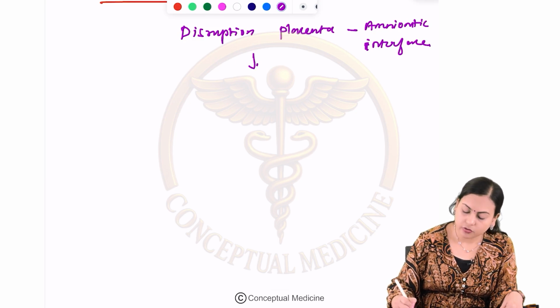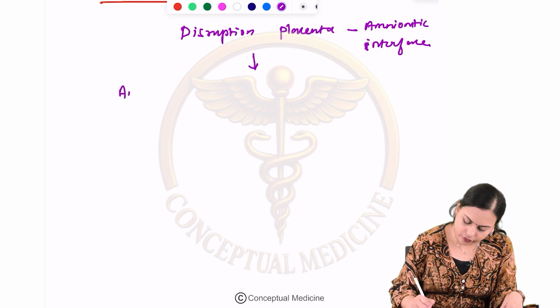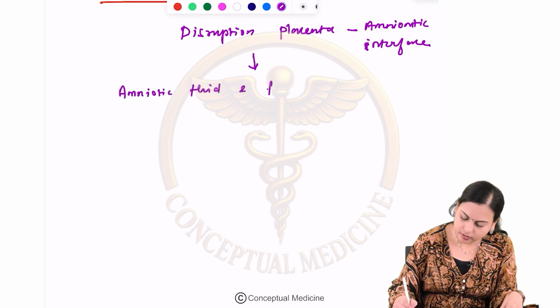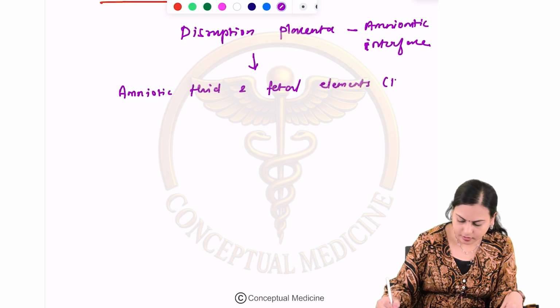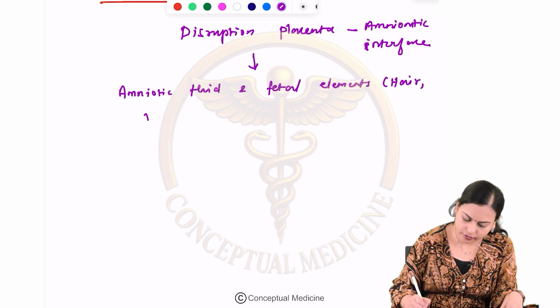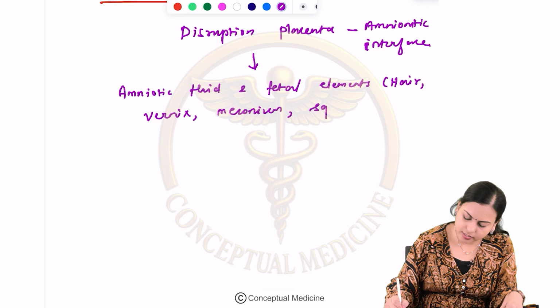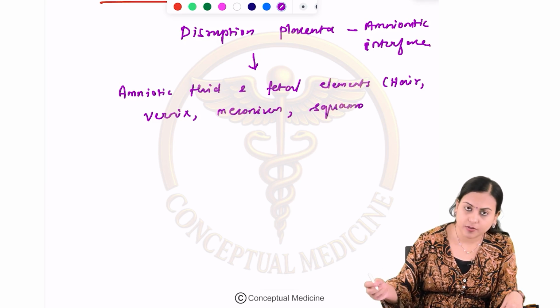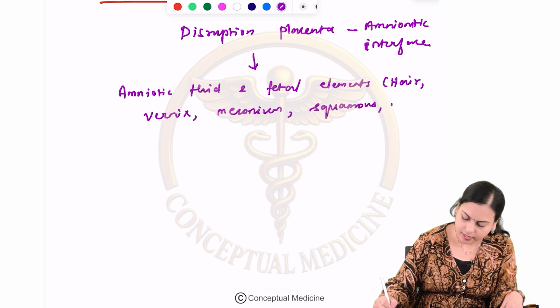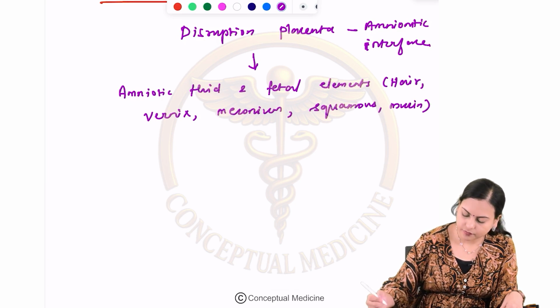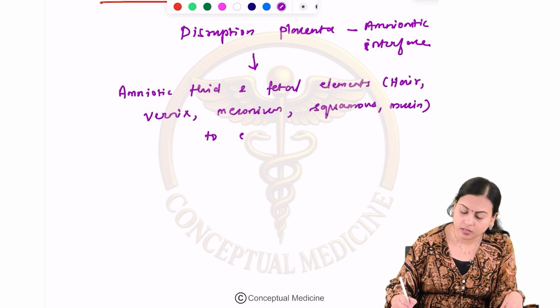That is going to cause the amniotic fluid and fetal elements, including the fetal hair, the vernix, the meconium, even the squamous cells that have been shed from the fetal skin, and mucin, to enter the maternal circulation.